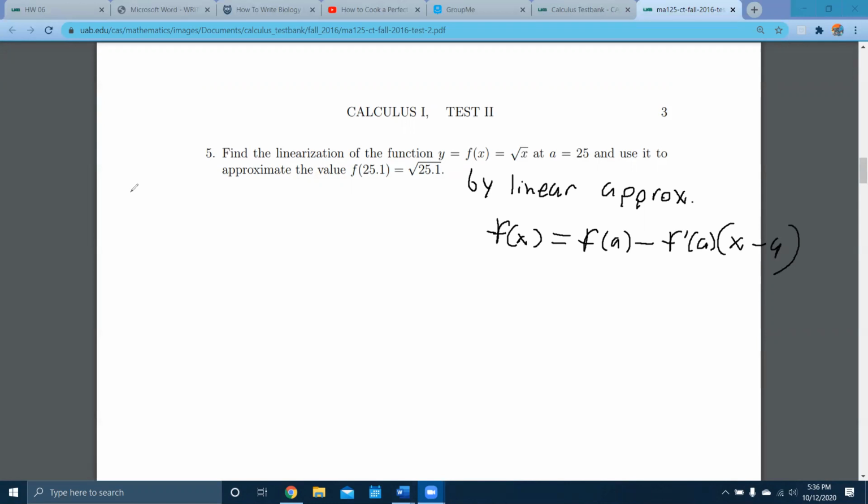So first, we have f of x is equal to the square root of x. A is equal to 25. So f of 25 is just going to be equal to the square root of 25, which is equal to 5. f prime of x is going to be what, Miranda? That's the chain rule there. So we got x to the 1/2 here.